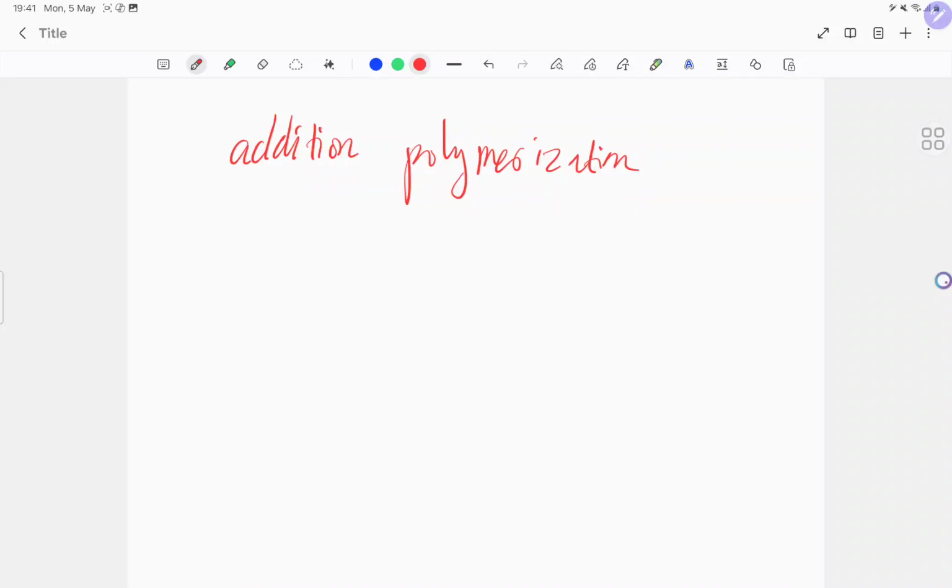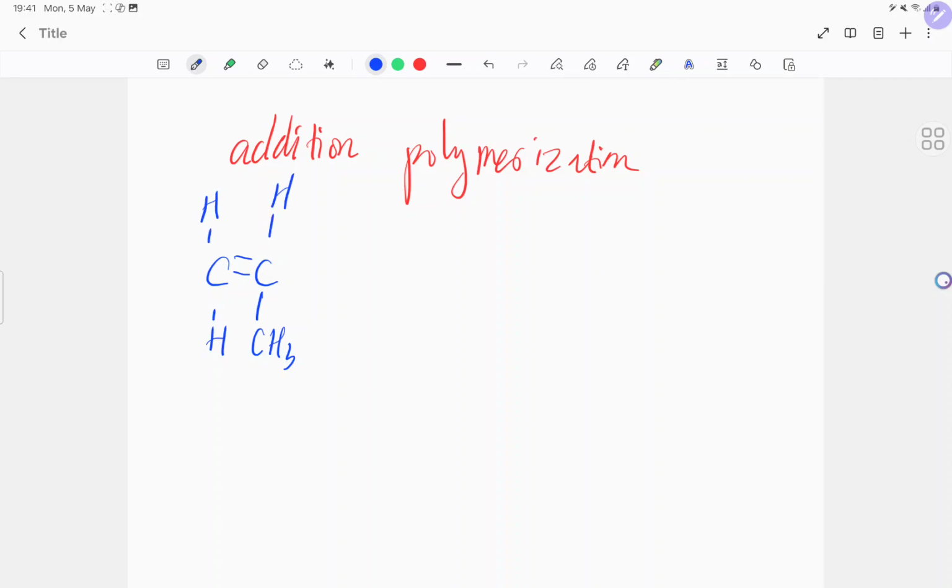It's fine. Okay, so addition polymerization. This polymerization is only for the alkene one. Like you have this one, CC like this, and then CH3, and then a double bond here, and then an H, and an H, and an H right here.